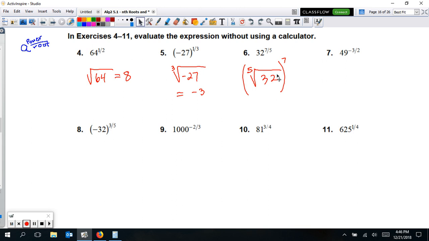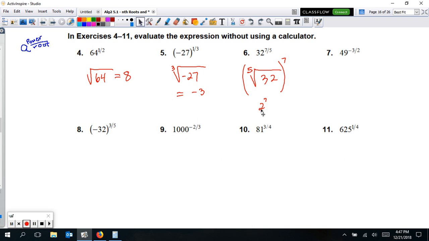So we want to figure out, first of all, this fifth root of 32, which we can do. We can see what the fifth root of 32 is, and that's going to be the number 2. If you multiply 5 2's together, you're going to get 32 eventually. You just keep multiplying 2 times 2 times 2, 5 times, will give you the number 32. So this is going to be 2 inside here, and then we're going to raise it to the 7th power.